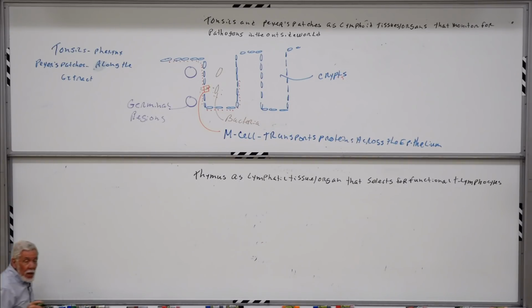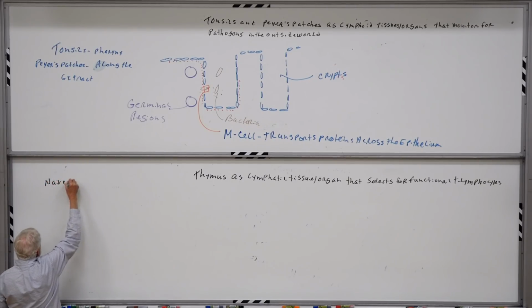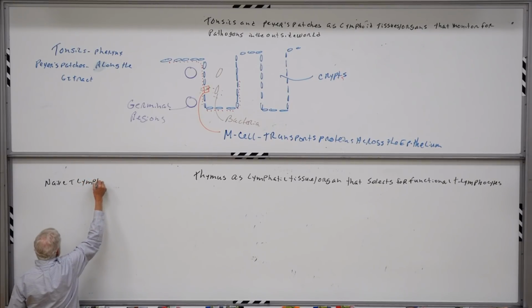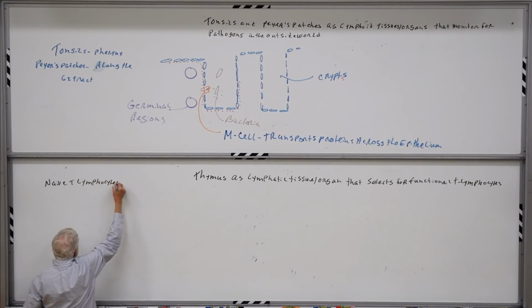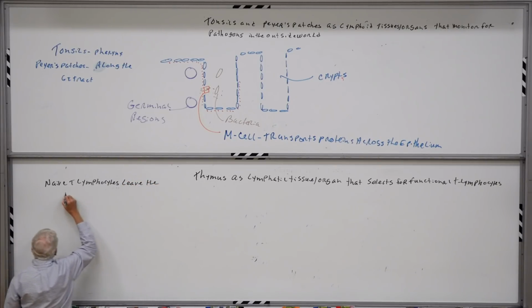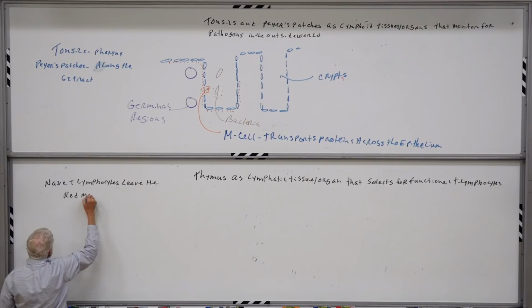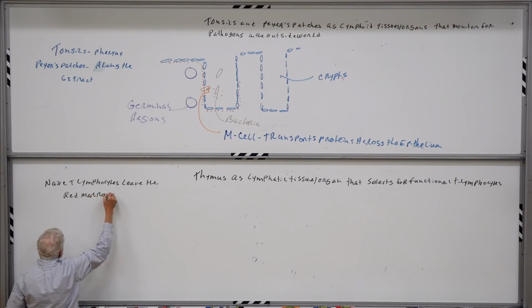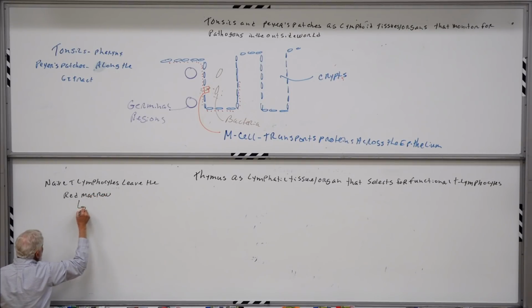So you remember that all cells of the immune system, all blood cells, originate from the red bone marrow. So we find that naive T lymphocytes leave the red marrow. Their destination is the thymus.